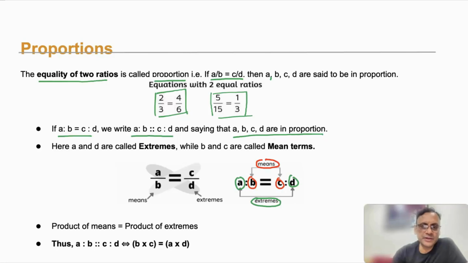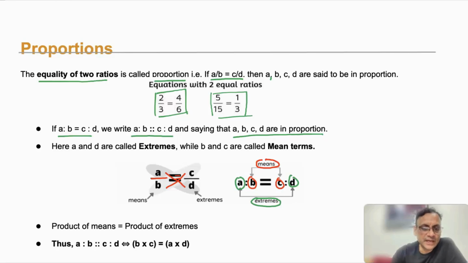When you write them in fraction format, you can see A upon B is equal to C upon D, and as a fraction you can cross multiply them. A gets multiplied with D, that means the extremes get multiplied. B gets multiplied with C, that is the means get multiplied.